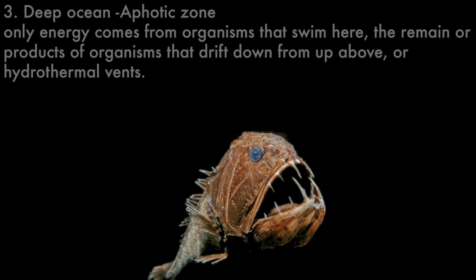So I think I have a picture to show you here. This scary looking fish here is one that has been found in the aphotic zone, and you can see it's got some nasty teeth.